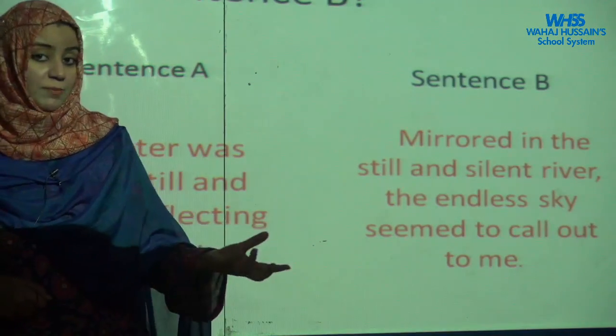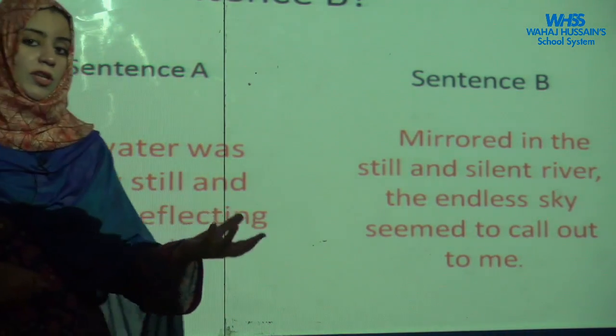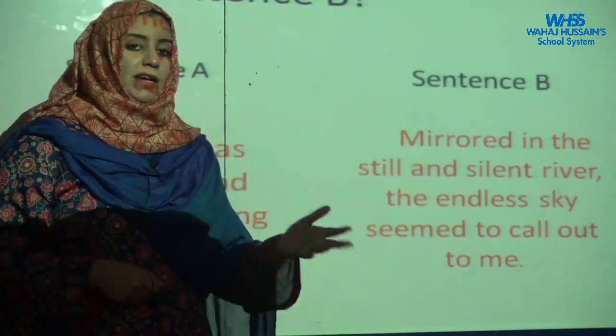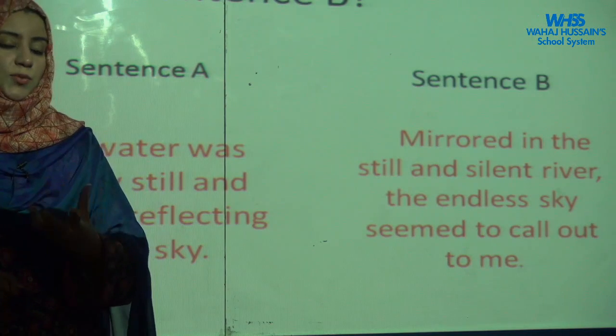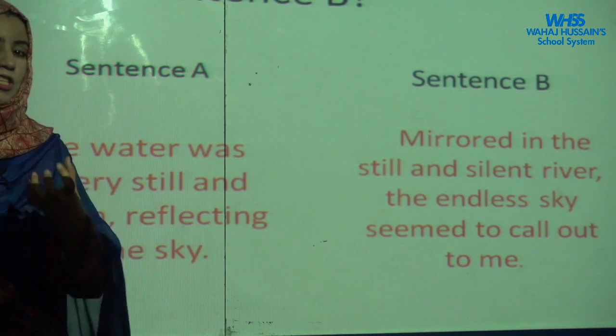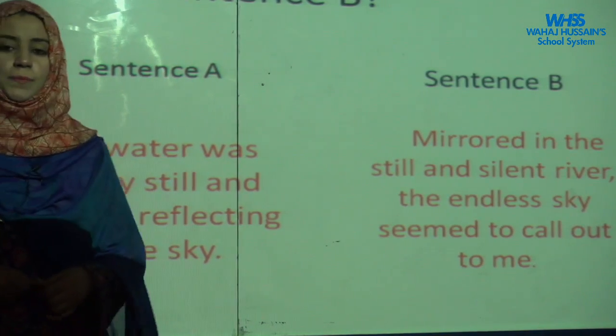I'm already using personification when I give a living quality to an abstract idea or a non-living thing. Calling out to me is an action verb, and this is personification. Which is more effective, sentence A or sentence B?